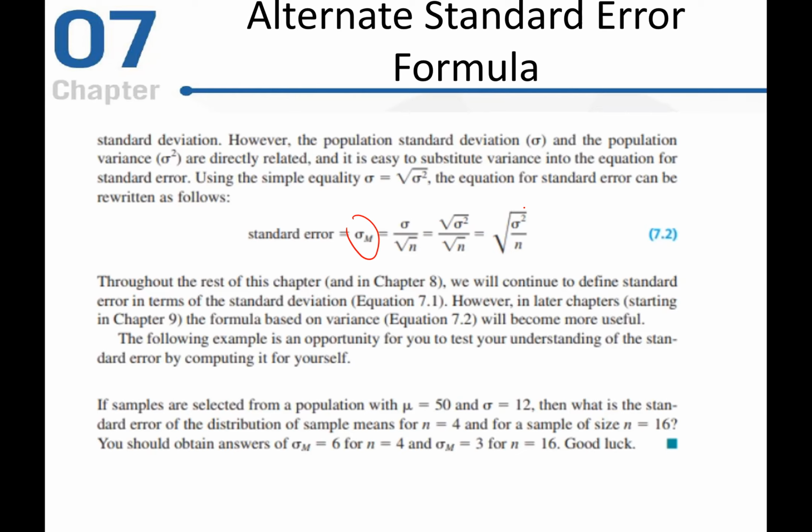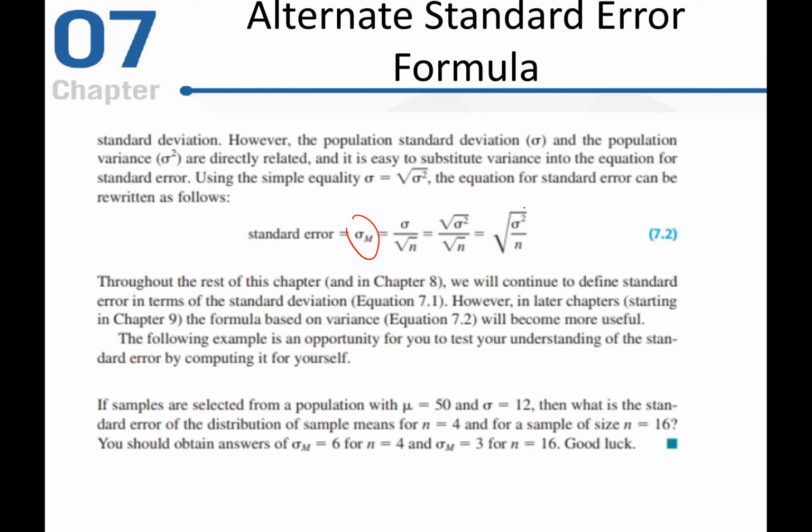And so let's do some of these questions. If samples are selected from a population with a population mean of 50 and a standard deviation of 12, then what is the standard error of the sample means for a sample size of 4 and a sample size of 16?